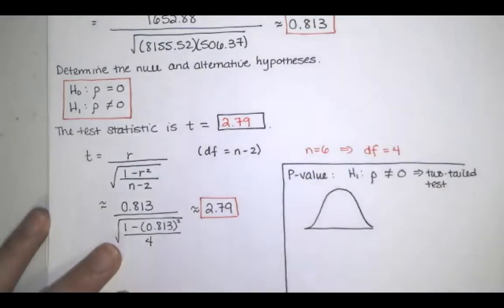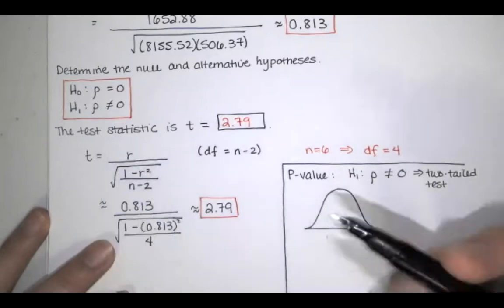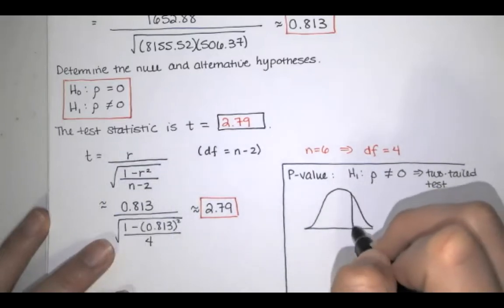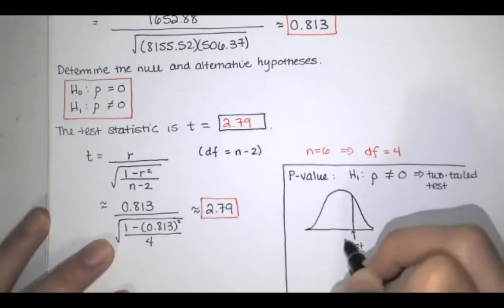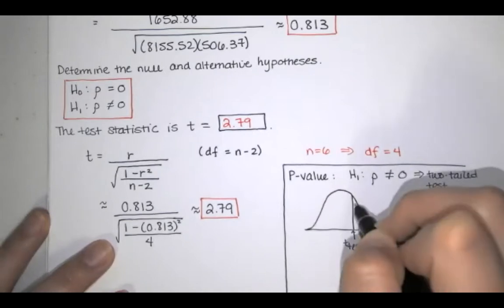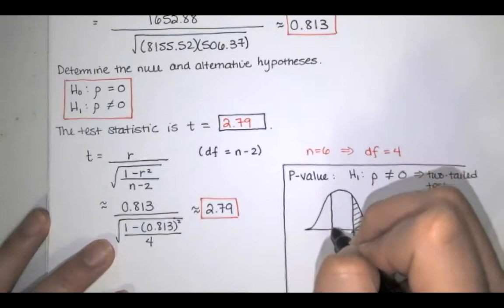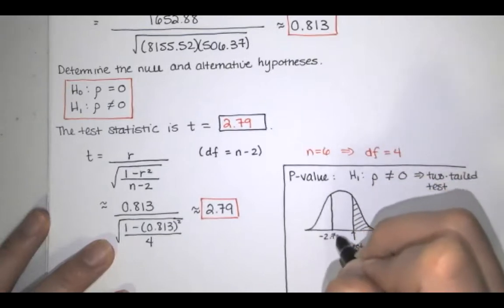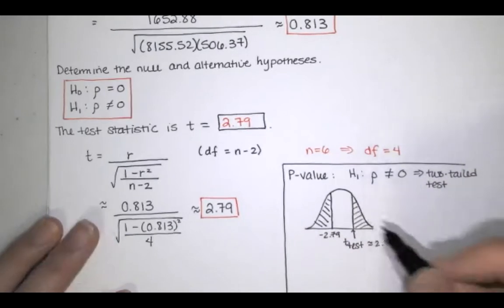That probability is equal to the probability that our test statistic T is greater than this 2.79 or equal to that. Or on the other side, it's equal to negative 2.79 or less than that. So this should be symmetric.